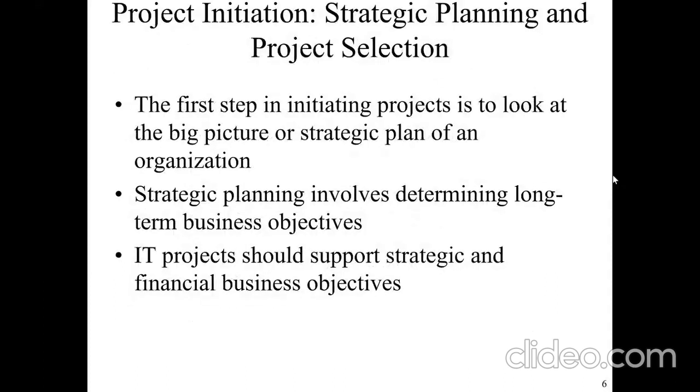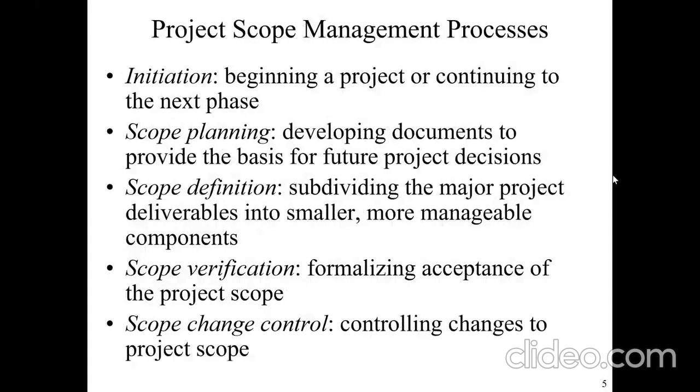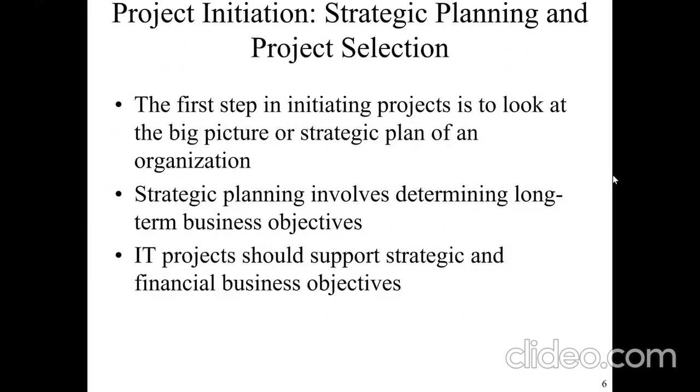All right, so let's take them one by one into more details, as I said. So we are beginning with the initiation. So project initiation. So strategic planning and project selection. So the first step in initiating project is to look at a big picture, or what we call a strategic plan of an organization.